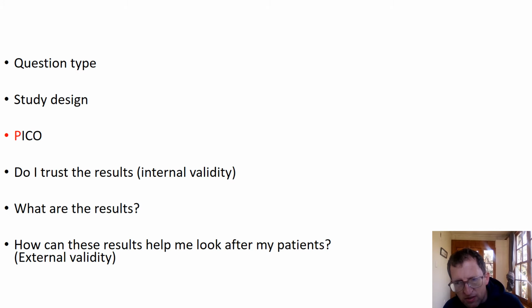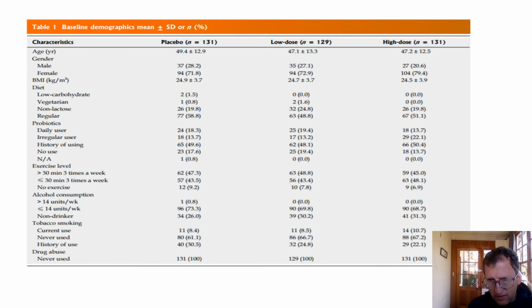And for a therapy study, what I suggested was that for the P, you look at the inclusion-exclusion criteria in the study setting, and that you then, for the P, actually go into the baseline characteristics, which is typically a table 1, sometimes an overflow into a table 2, which gives you a feel for who the patients were that really entered this study.